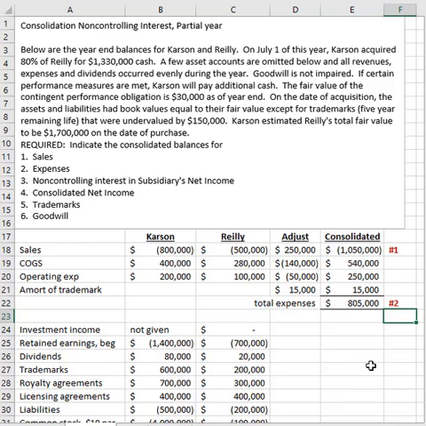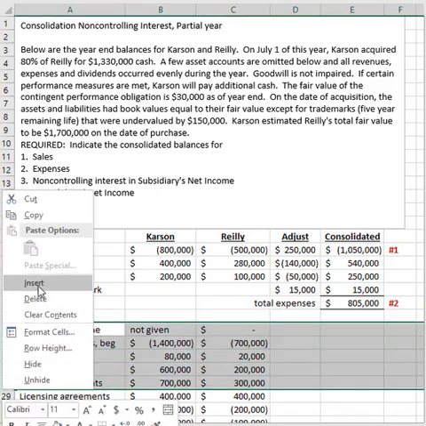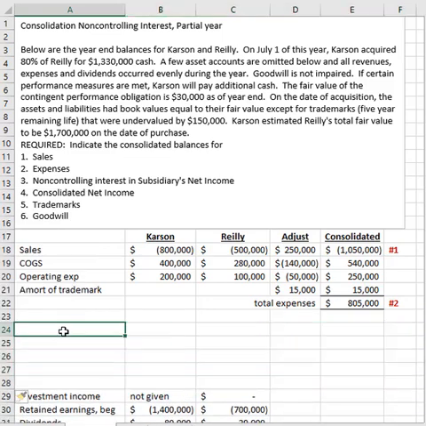Now, non-controlling interest in subsidiary's net income. All right, let's make some space for that. So what does that mean? Okay, so we have the subsidiary's net income is sales minus expenses adjusted for these things.